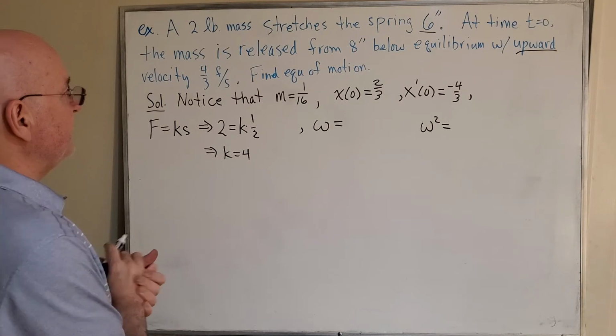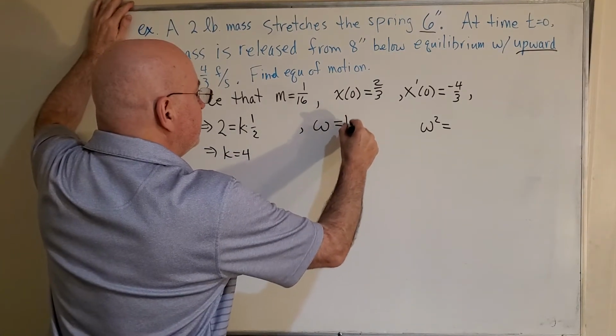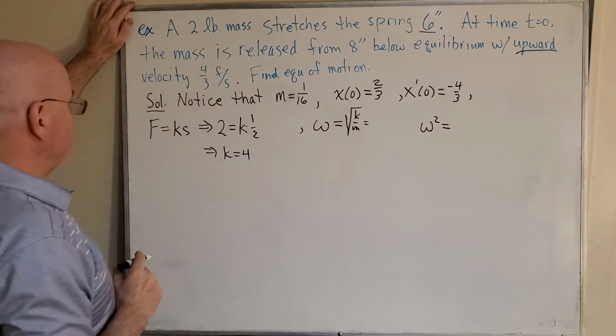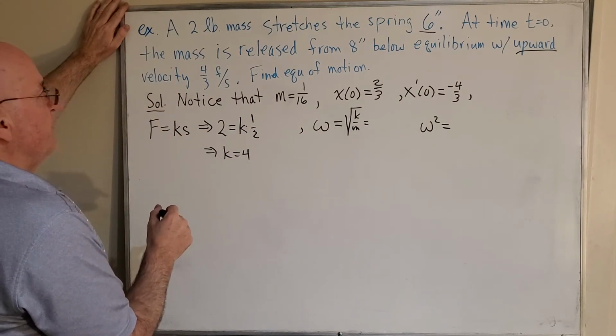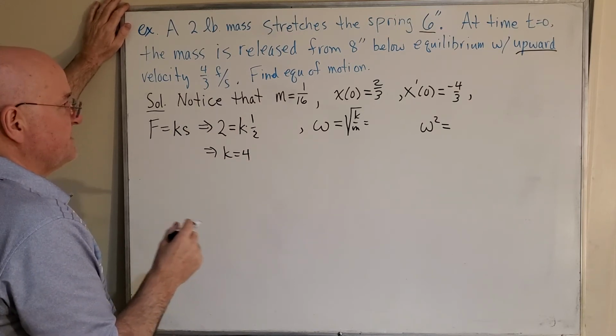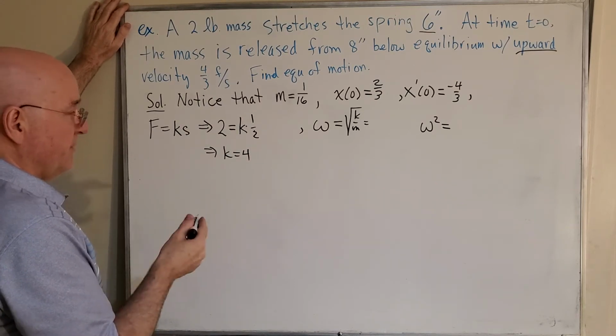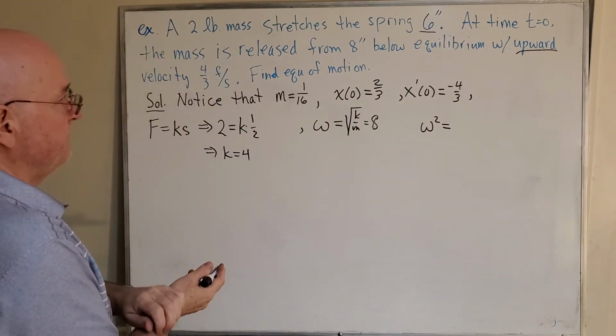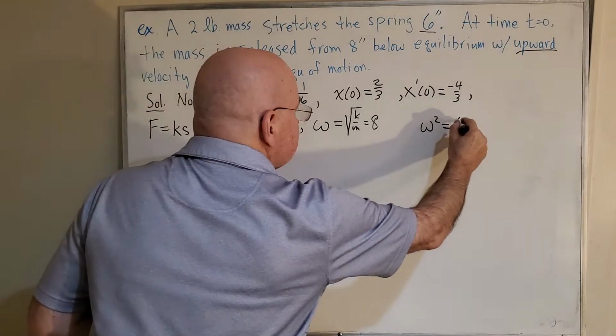Okay, omega is defined to be the square root of K over m, which would be 4 over 1/16 under a radical. Radical 64, and that makes it an 8. So omega squared is 64.